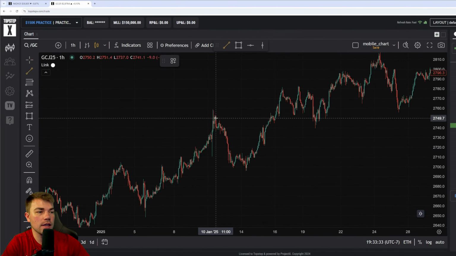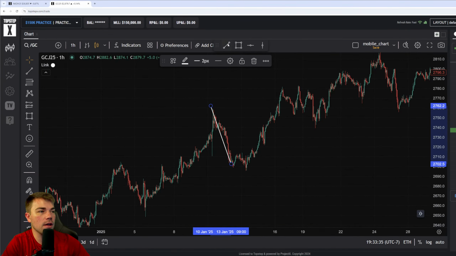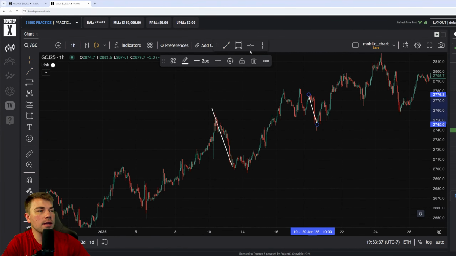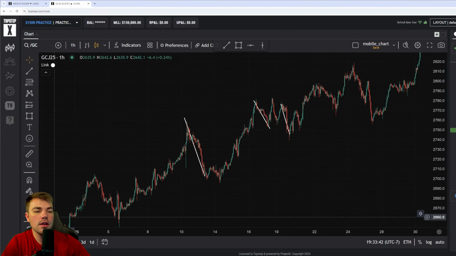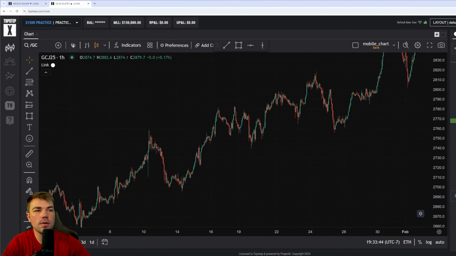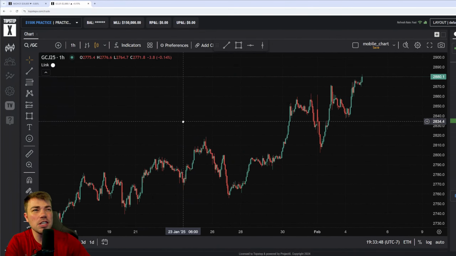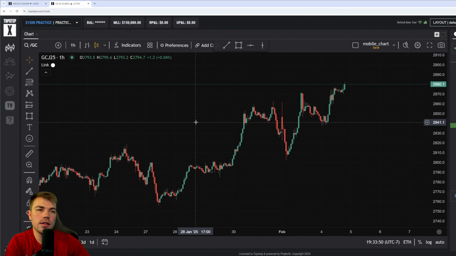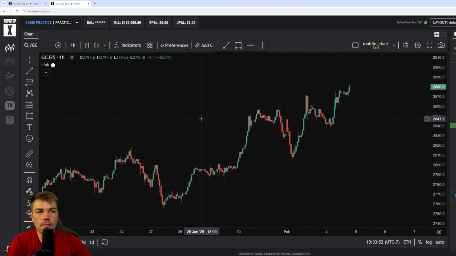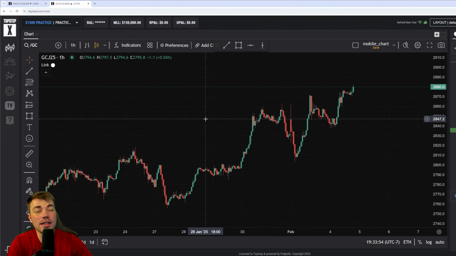I'll measure all these moves and divide by however many moves to get the exact number. This is an hourly chart, so odds are you'll have the time to do that. This is what I used to do. This is actually what I do in my options when I'm looking at a stock on a daily chart.